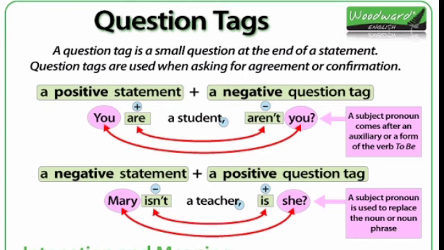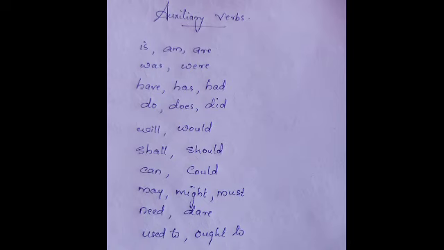Next thing, auxiliary verbs are taken as question tags. Already you had studied auxiliary verbs. Which are the auxiliary verbs, children? Auxiliary verbs are is, am, are, was, were, have, has, had, do, does, did, will, would, shall, should, can, could, may, might, must, need, dare, ought to, used to.